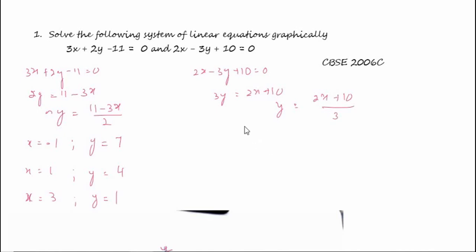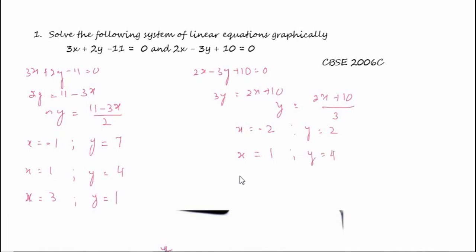So when x equal to minus 2, then y equal to 6 divided by 2. When x equal to 1, then y is equal to 2 plus 10, 12, so this is 12 divided by 3. So y equal to 4.